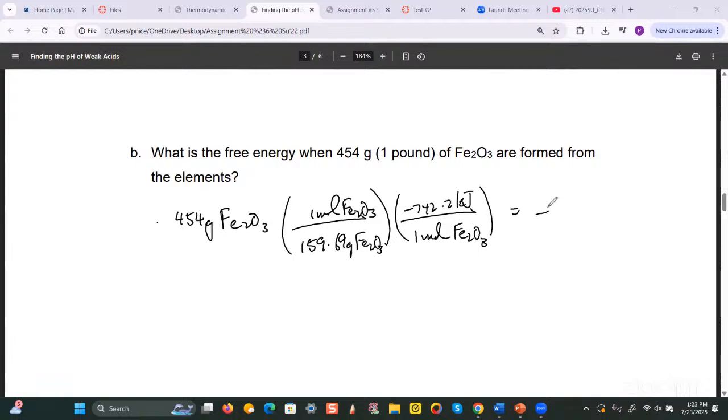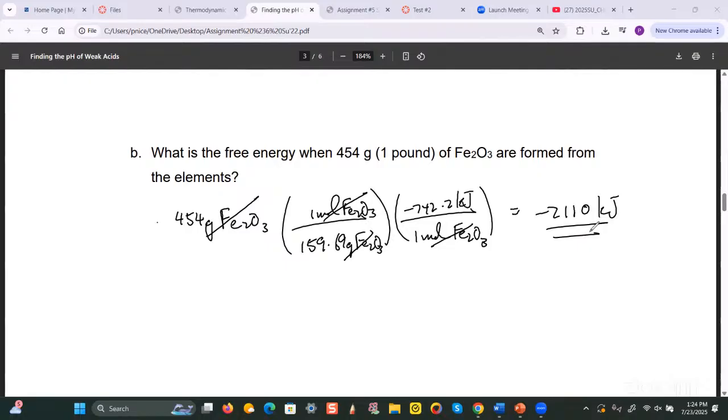So that's minus 2110, no decimal point. And the units would be kilojoules, because the grams will cancel with grams, and the moles will cancel with moles. So this would be the final answer. Any questions about this one?